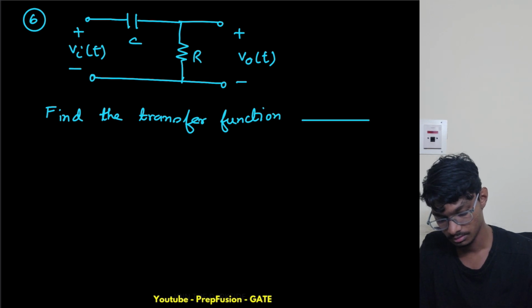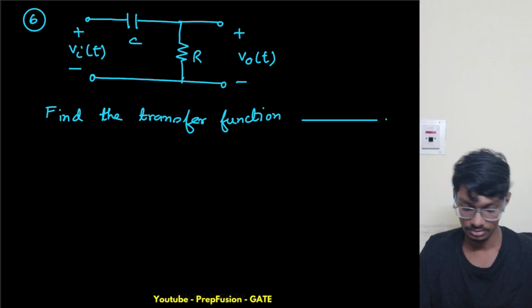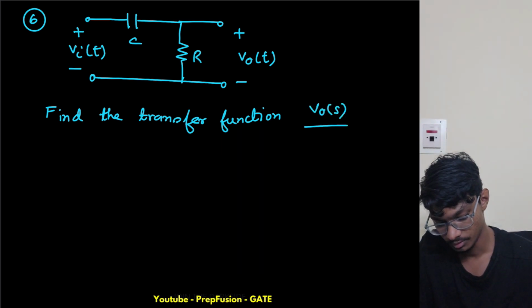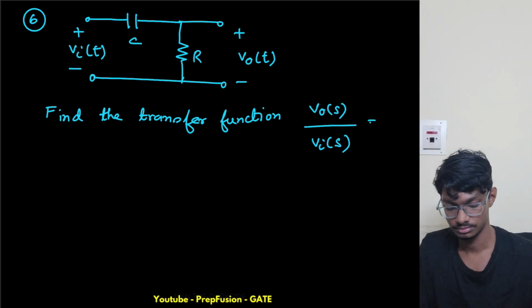Find the transfer function of this, that is, let me write like this only, Vo of s upon Vi of s.